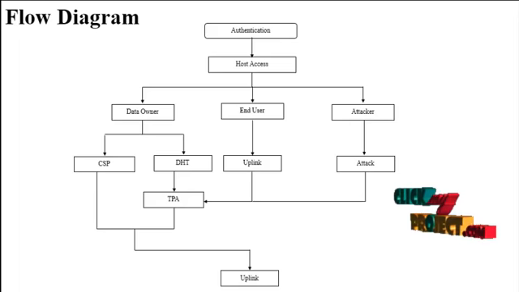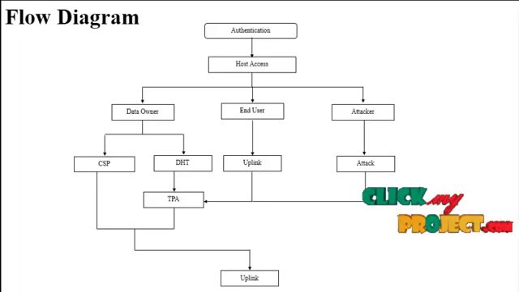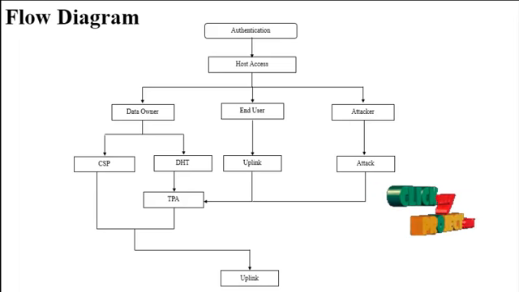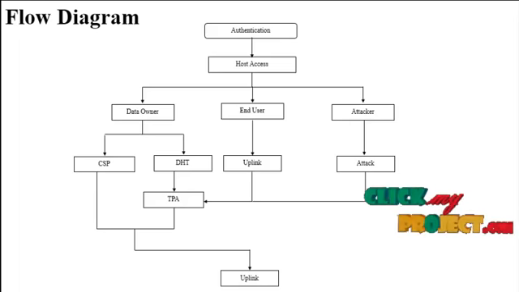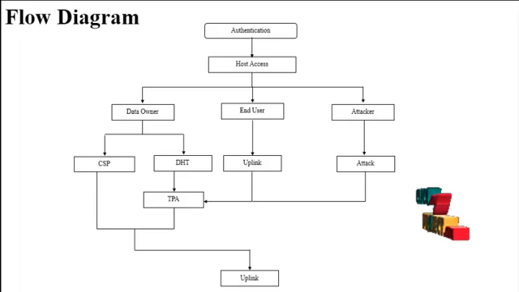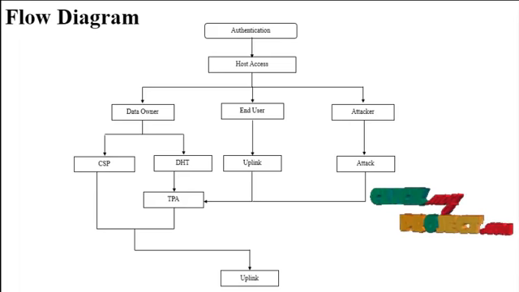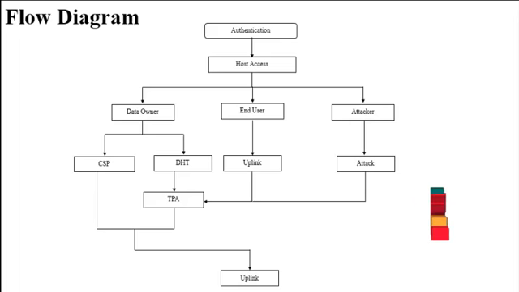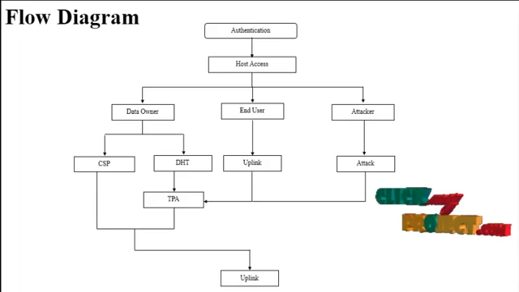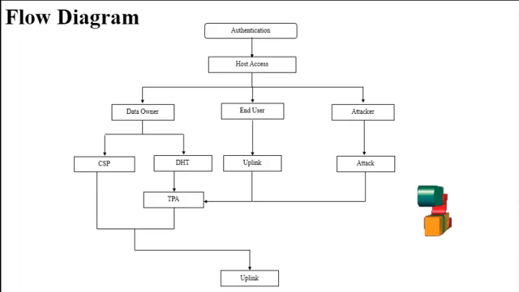If the attacker attacks or adds some additional data, it also will be stored in the cloud storage with the name, date and time, modified data, and the file name. And the data owner will audit the attacker's file, and he will rectify the original data. Finally, the end users will perceive a successful cloud service.